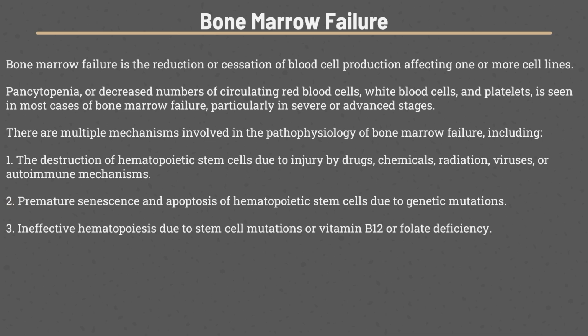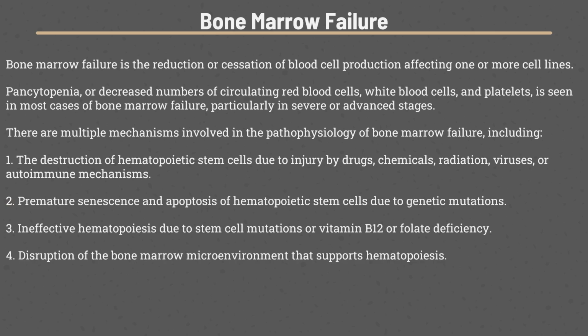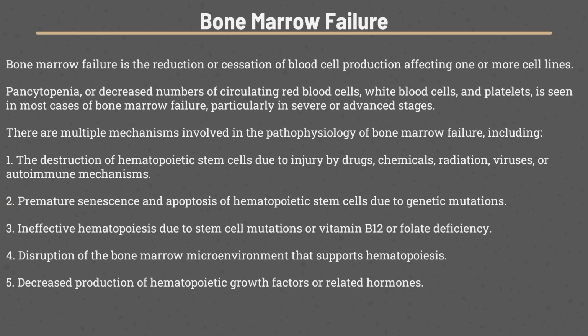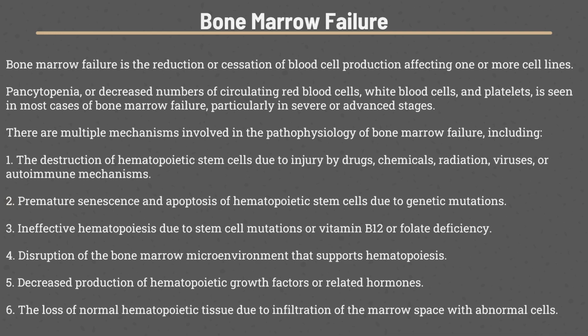Ineffective hematopoiesis due to stem cell mutations or vitamin B12 or folate deficiency. Disruption of the bone marrow microenvironment that supports hematopoiesis. Decreased production of hematopoietic growth factors or related hormones. The loss of normal hematopoietic tissue due to infiltration of the marrow space with abnormal cells.